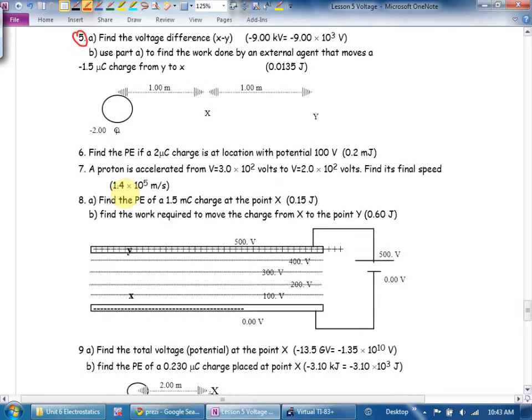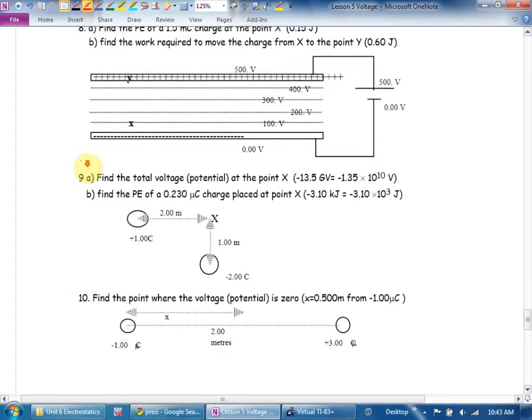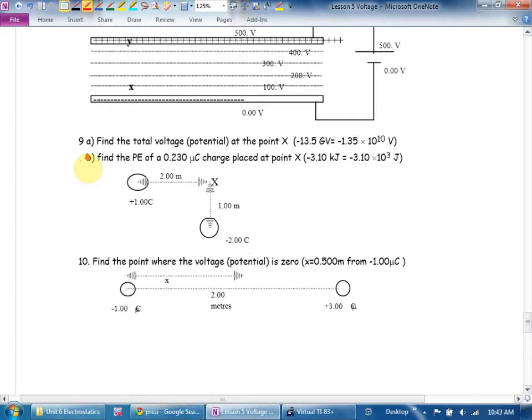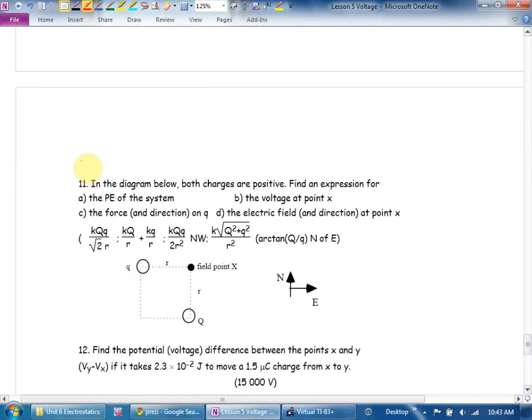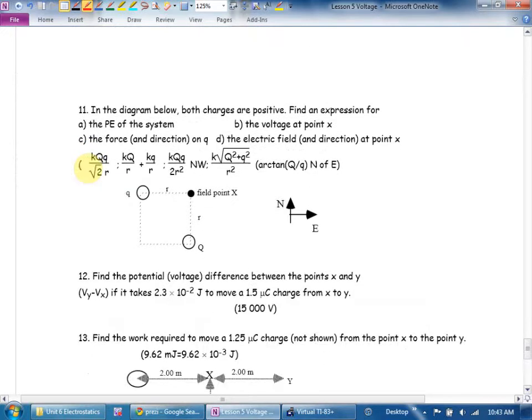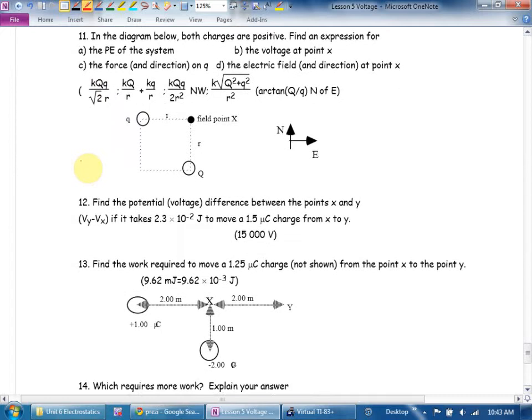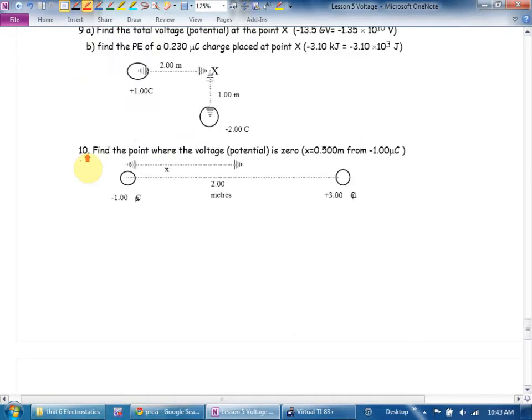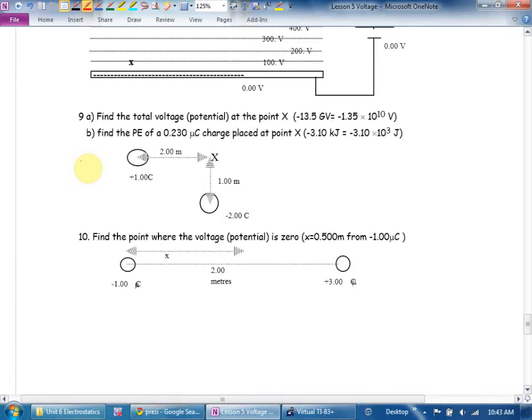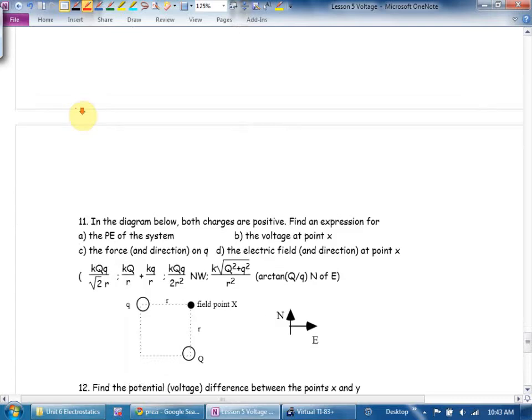Number 7. You might have to ask me about number 7. We'll see how clever we can be. Going back here. I think number 9. Okay. That gives you some questions to try.